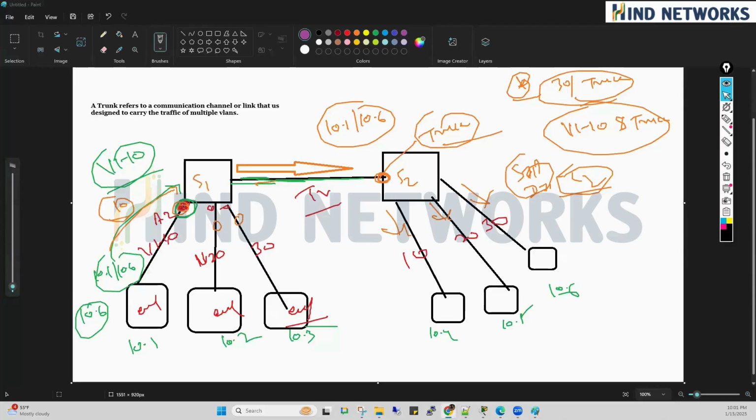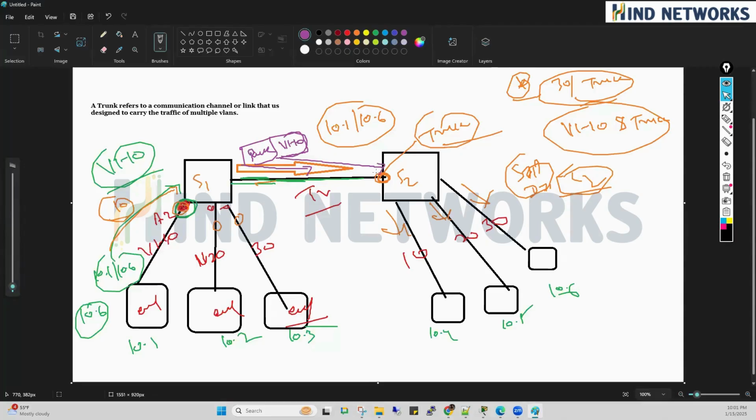What, guys? VLAN tag. Getting my point? Understand? So switch number 1 is sending this packet to the trunk link, but before forwarding, switch number 1 will add the VLAN number 10 tag here and forward this packet towards switch number 2.